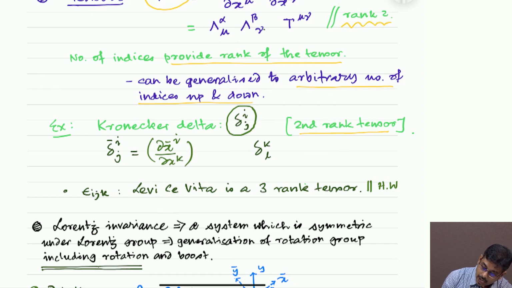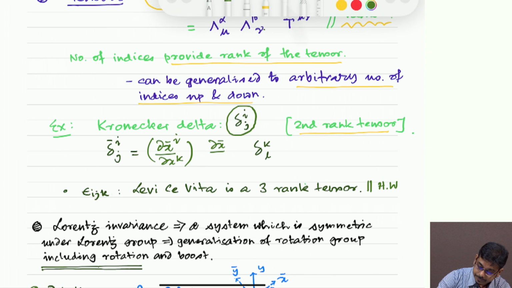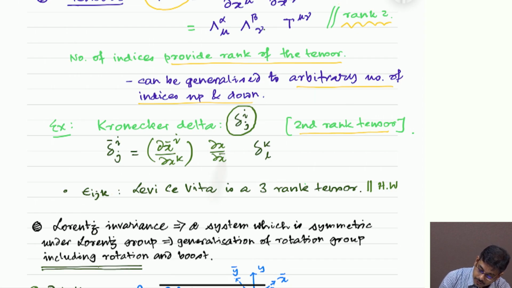And on the other hand, I have the j index sitting down, so I will say del x j sitting here, and del x l, which is the l index which is repeated and summed over, sitting here. So, this is how it can be written.